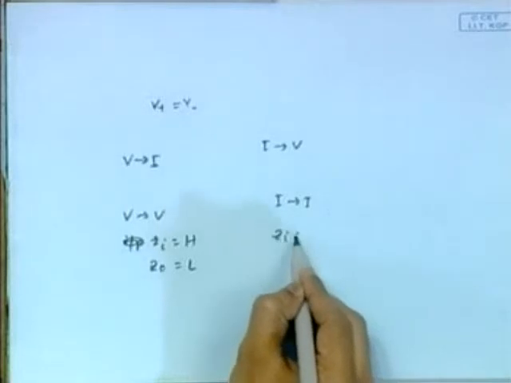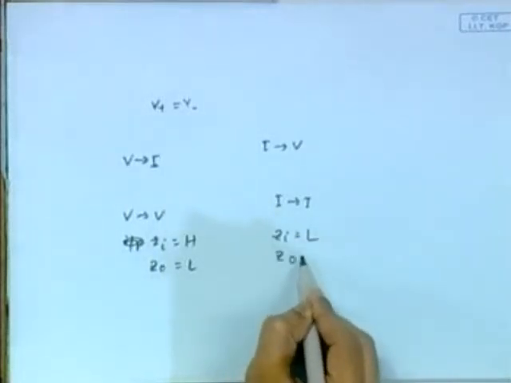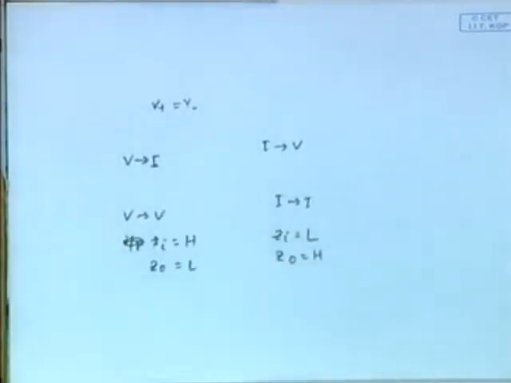On the output side the reverse should be done. To sense voltage you have to give a low impedance, and to sense current you have to give a high impedance. So now you can fill up the table. For I to I, Zi should be low and Z output should be high, something like this. These are the basic characteristics.